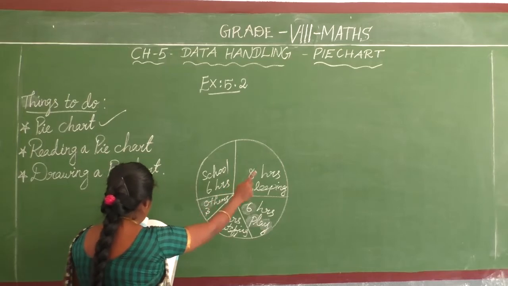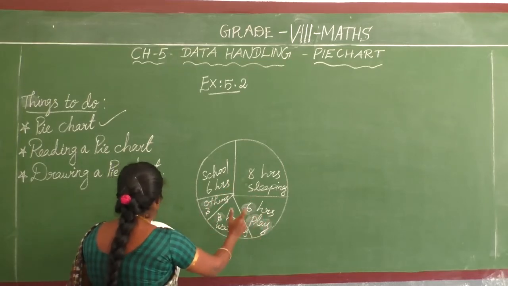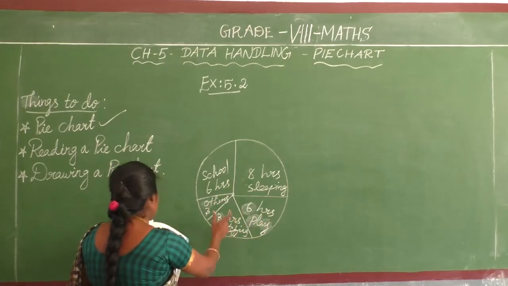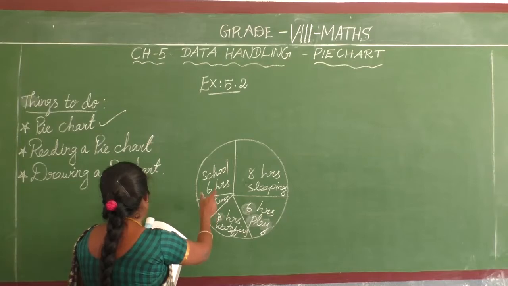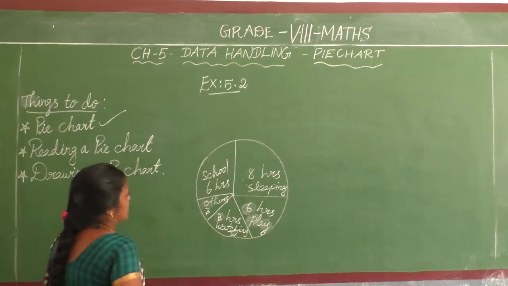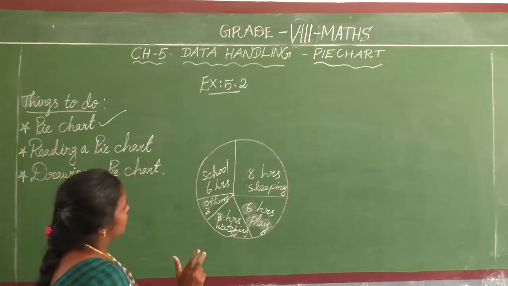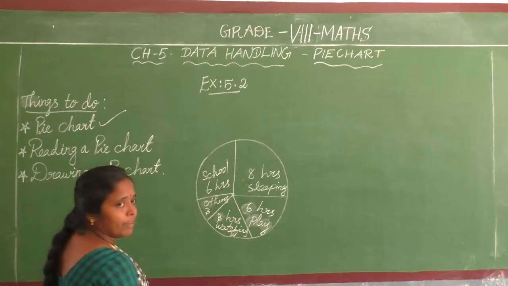Sleeping 8 hours, playing 6 hours, watching TV 3 hours, other entertainment 3 hours, school 6 hours. This is the circular form given.